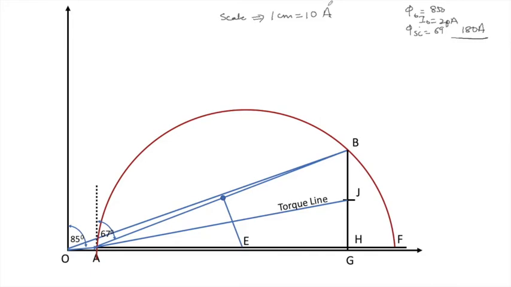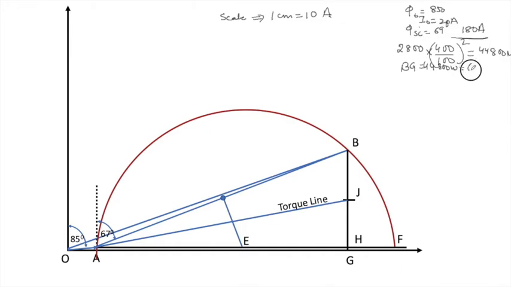Now we'll determine the power scale. The losses are 2800 watts, but the blocked rotor test was done at 100 volts, so at 400 volts this gives 44800 watts. So BG is equal to 44800 watts, which is 6.7 centimeters in our scaling.